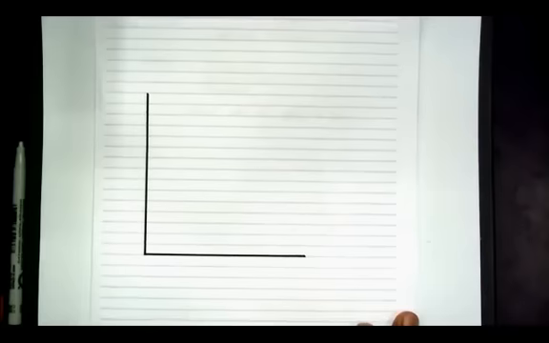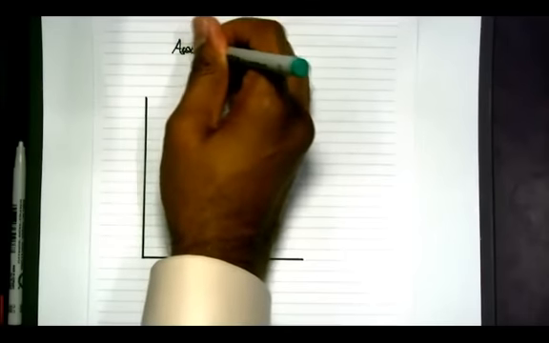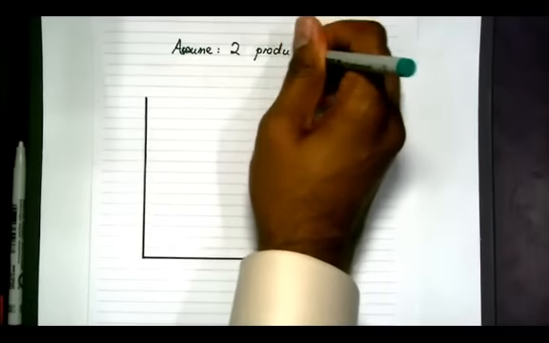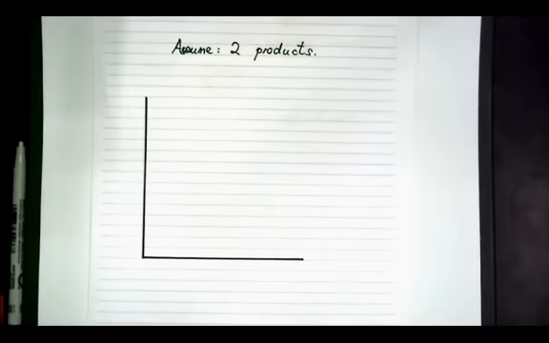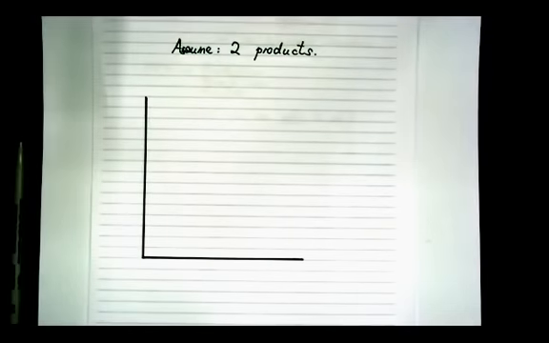So what does a production possibilities frontier look like? First of all, we'll assume there are just two products that this economy can produce. The reason we assume there are two products is so that we can keep the model two-dimensional.